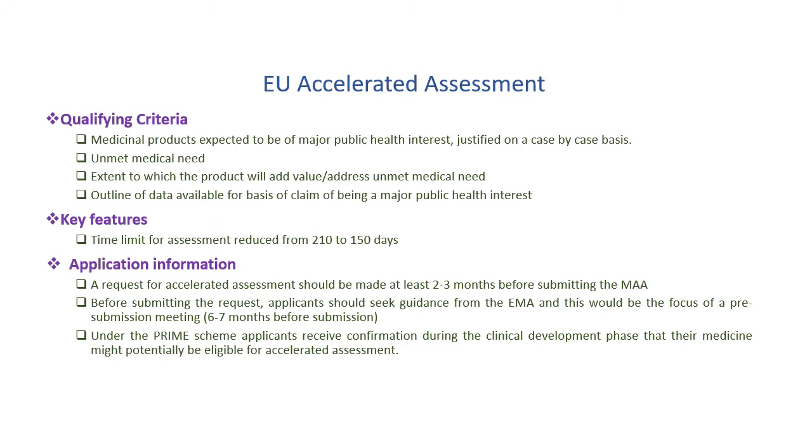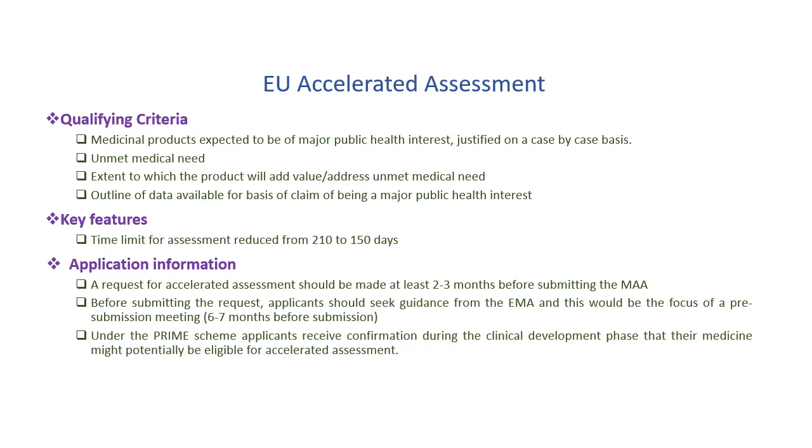If there are unmet medical needs, the extent to which the product will add value or address the unmet medical needs, or the outline of data available for the basis of claim of being a major public health interest, like again COVID situations. So we can have accelerated marketing authorization in such cases. The time limit for assessment is reduced from 210 to 150 days. So if the normal marketing authorization process takes 210 days, it'll be moved to 150 days in such cases.